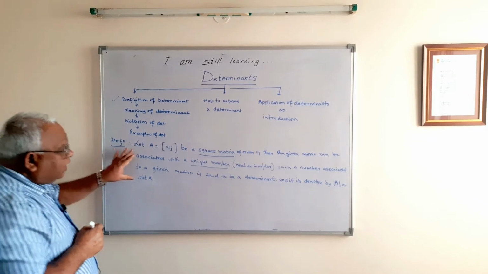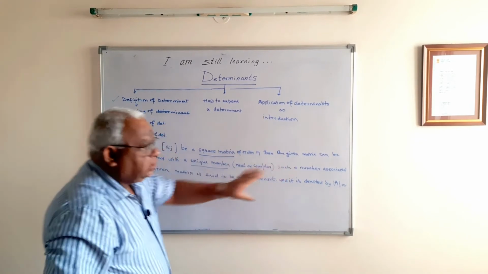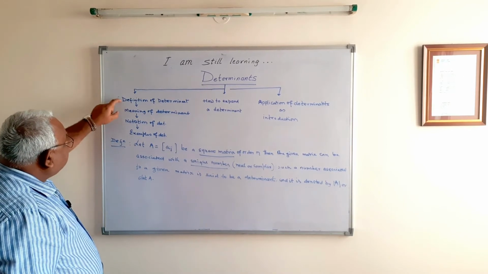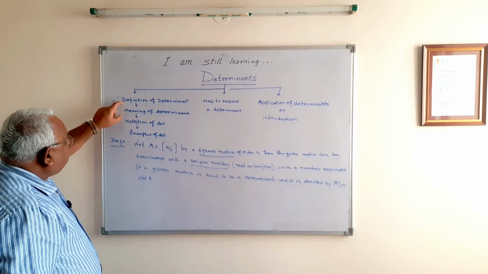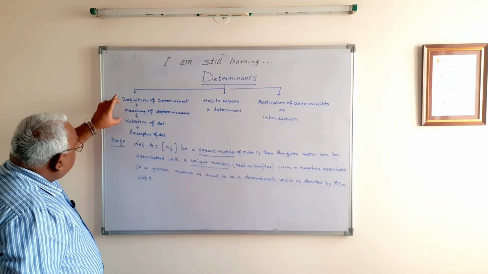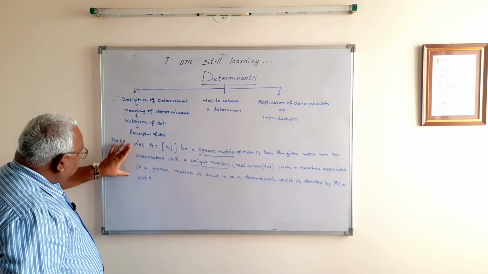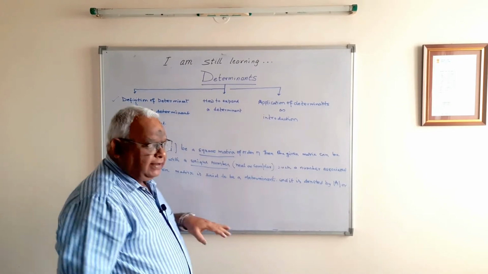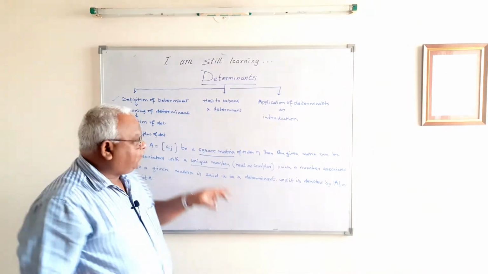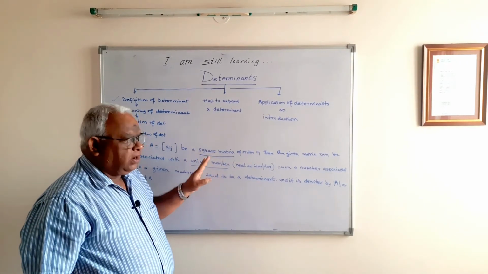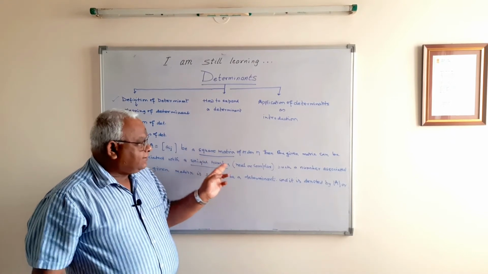Don't go on the language part of this. I have tried to explain you by combining this definition of a determinant and meaning of a determinant and notation. These three are included in this statement. So where let A is equal to Aij be a square matrix of order n. This underlined word is very important, square matrix.